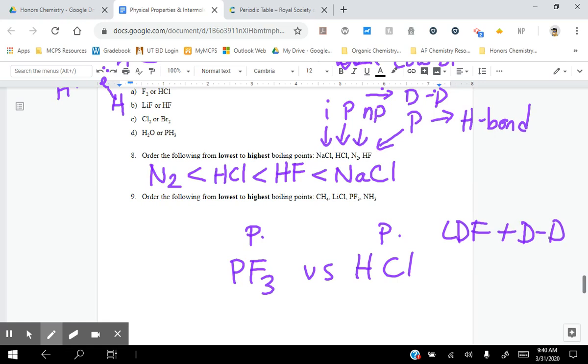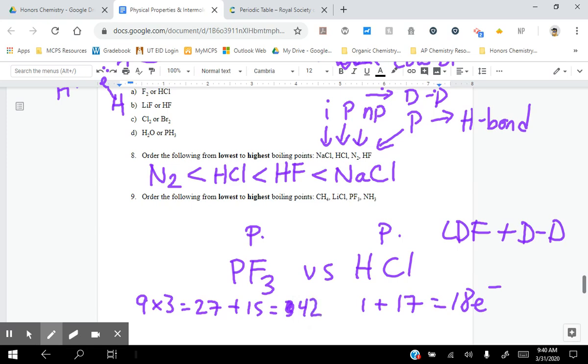If I look at how many electrons they have, I get 1 from hydrogen and 17 from chlorine. So I get 18 total electrons. And then look at PF3. F has 9 electrons times 3, which is 27, plus 15, which gets us 42.